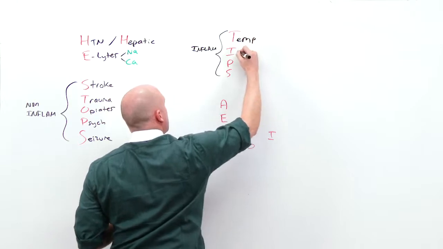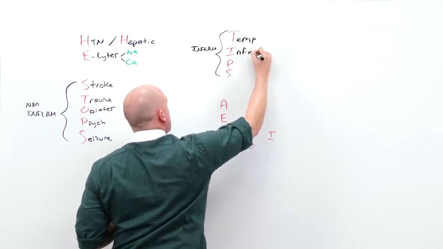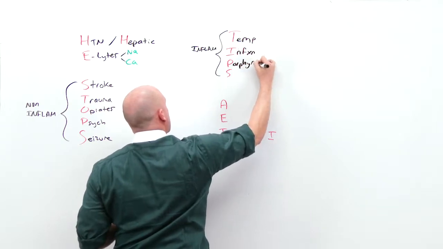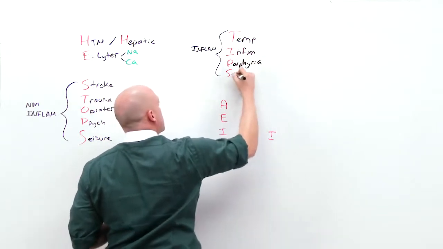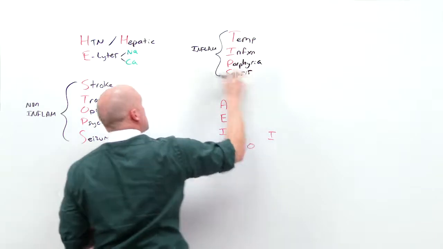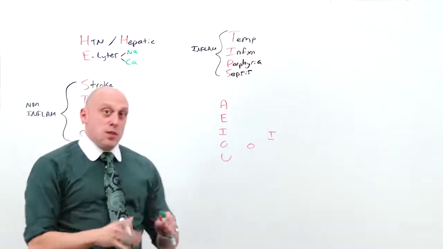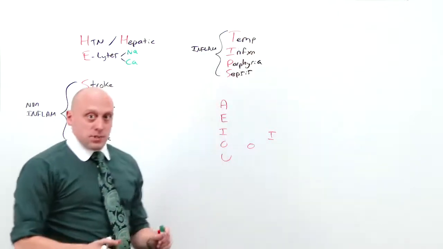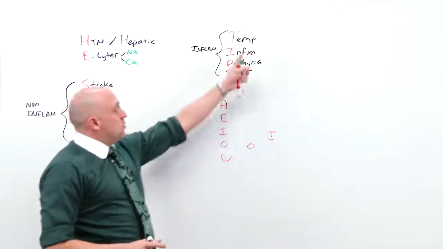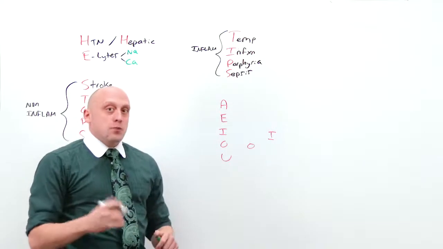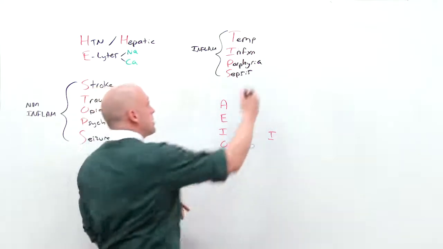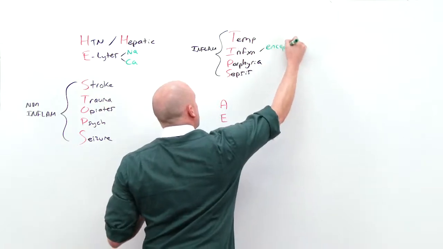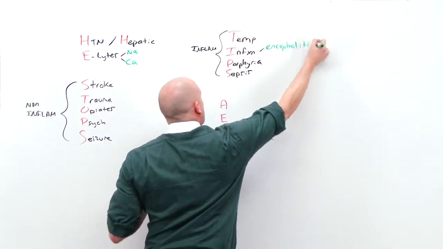Temperature, infection, porphyria, because my mentor loved P's to make his mnemonics work, and sepsis. You notice they're all inflammatory and they're similar but not exactly the same. You can have an elevated temperature without an infection or without inflammation. Infection can mean of the brain parenchyma itself, encephalitis, or for whatever reason, the bladder and the brain of old people are linked.